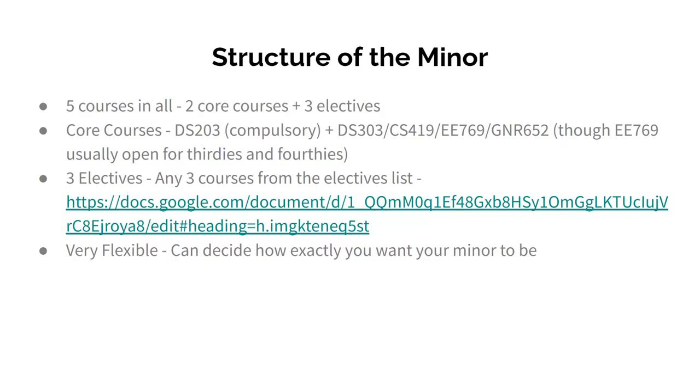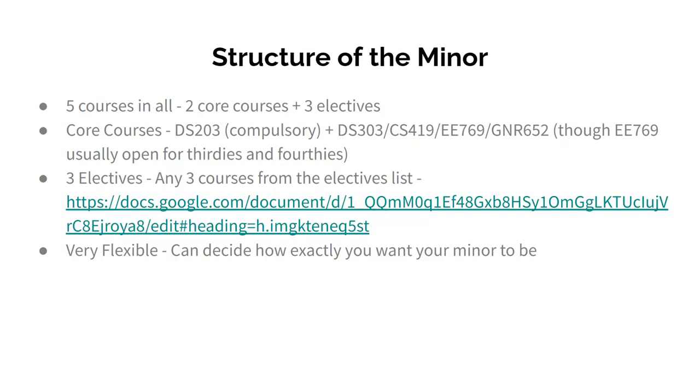Later, during the retagging period, you can retag them as minor courses towards the AI minor. And it is best that you mail the professors of these respective courses earlier, before you're registering, and take their permission that you wish to take the course to fulfill your requirements for the AI minor.